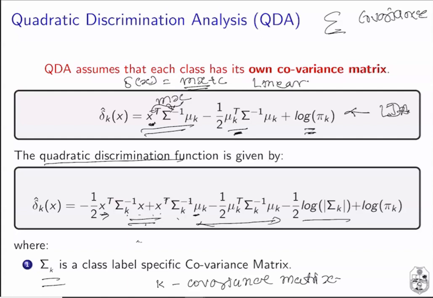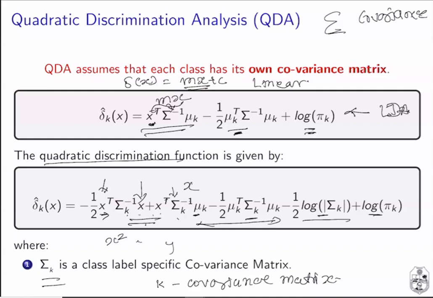Why is this called the quadratic discriminating function? If you read this equation, there are two x's, which is nothing but x square, and in this term only one x is present. There is no x in this term, no x in the fourth term, and no x in the fifth term.